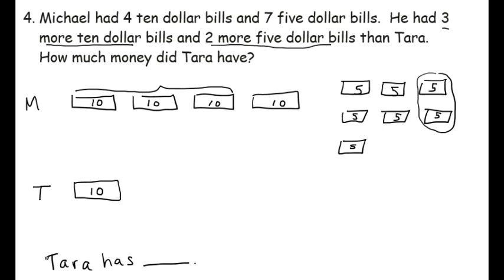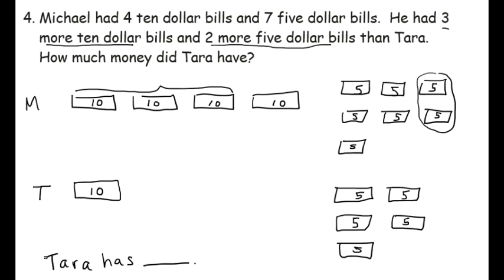And that tells me that Tara has 5 $5 bills. Now all I need to do is add up the bills that Tara has. So we have 10, 15, 20, 25, 30, 35. Tara has $35.